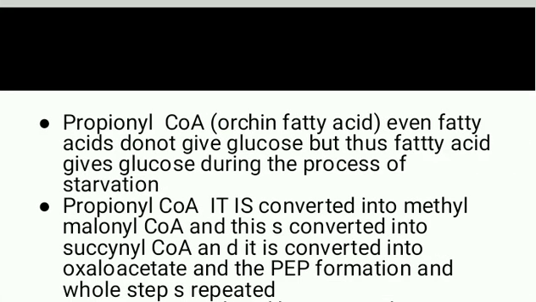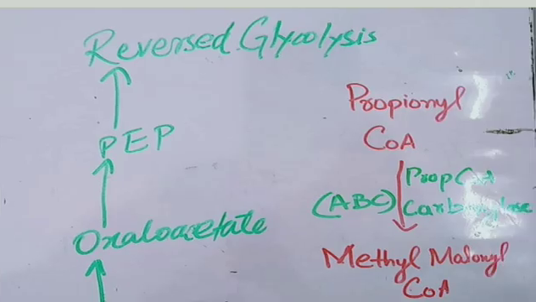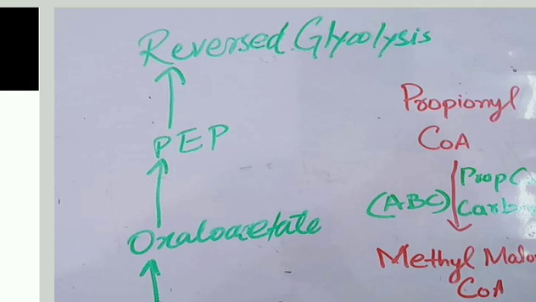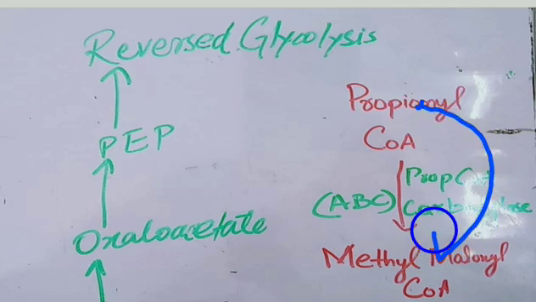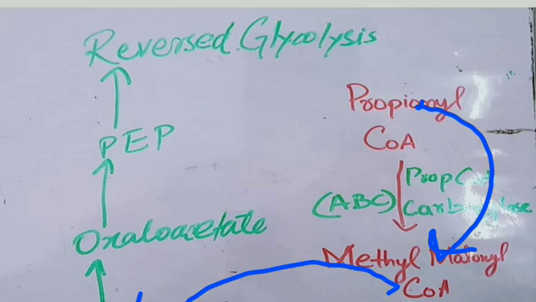Next, you can see how propionyl CoA is converted into glucose. Propionyl CoA is converted into methylmalonyl CoA. Then methylmalonyl CoA is converted into succinyl CoA, and we know that succinyl CoA is an intermediate in the TCA cycle.